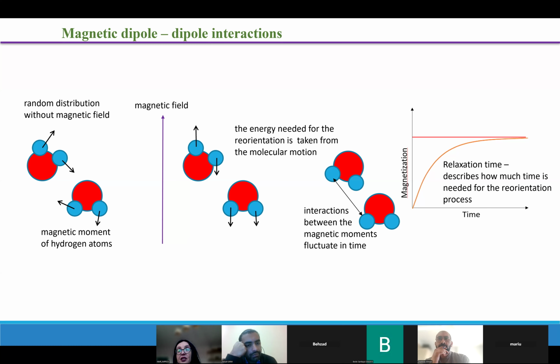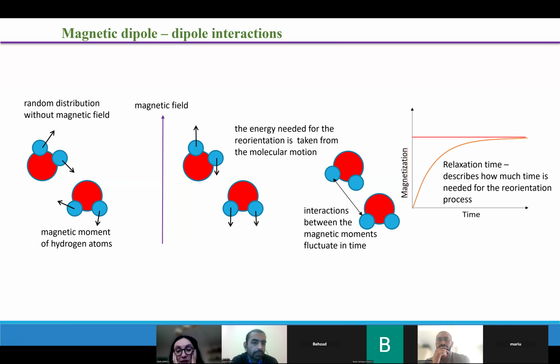And now the relaxation time, as it is written here, describes how much time is needed, let me avoid the word orientation, for reaching the right Boltzmann distribution of the magnetic moments. And the efficiency of this process, I mean, if the process is not very efficient, the time is longer, yeah?